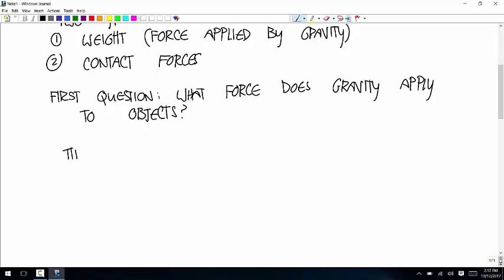So we're going to think about a 1 kilogram object in free fall.